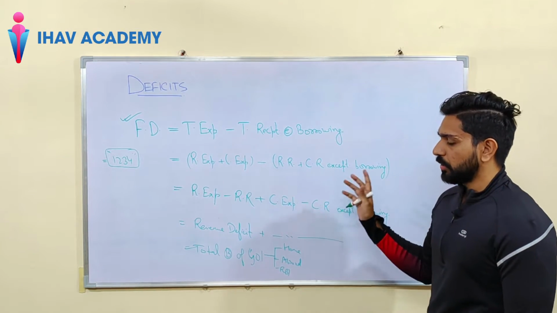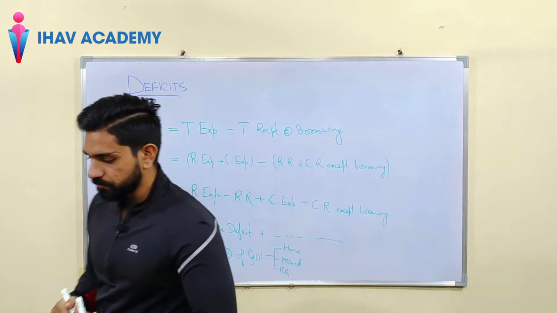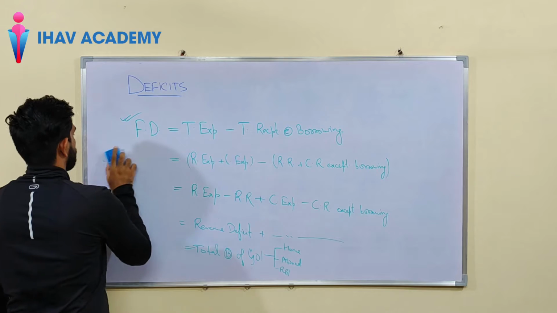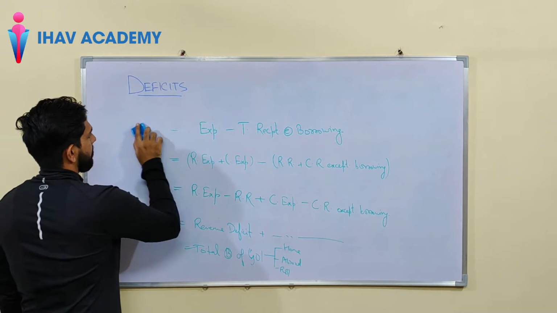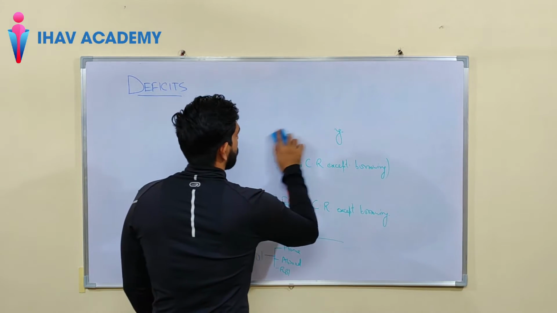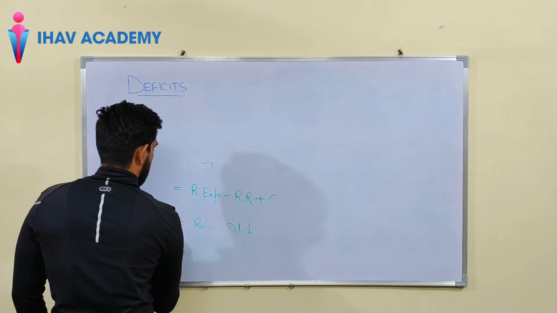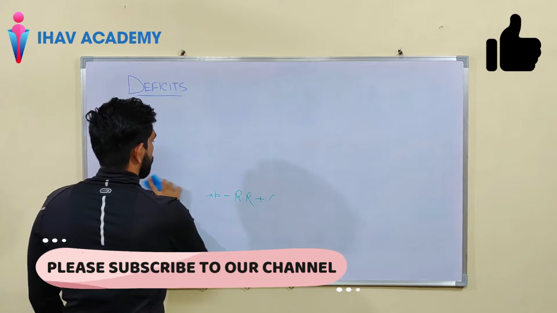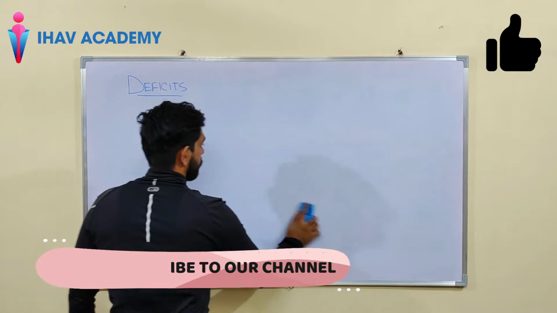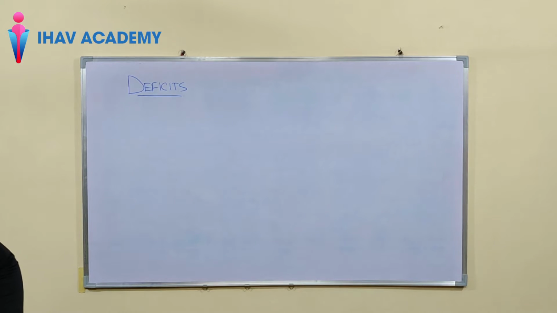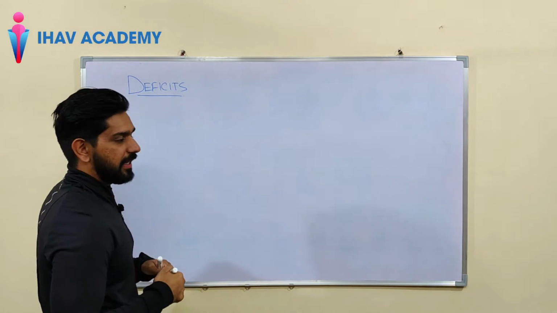Now proceeding to the next deficit, that is effective revenue deficit. उससे पहले प्राइमरी डेफिसिट देख लेते हैं.